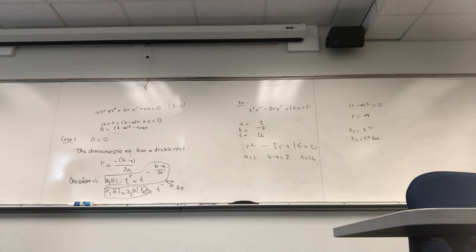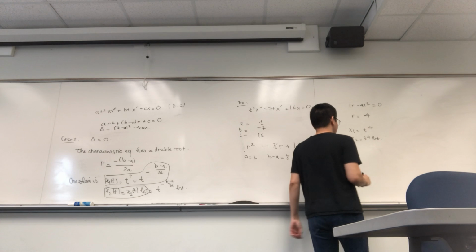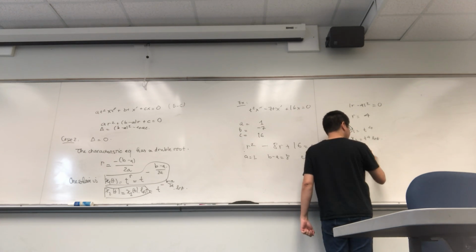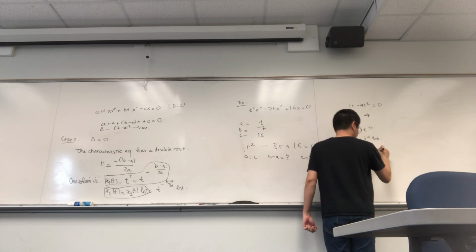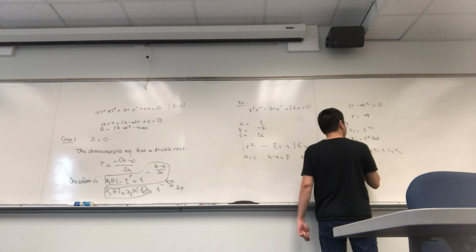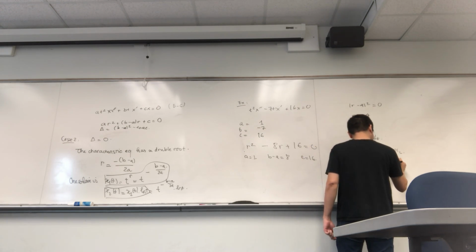C1 t to the 4 plus c2 log t times t to the 4. Yes, so you have x(t) is c1 x1 plus c2 x2, and then this is c1 t to the 4 plus c2 t to the 4 log t.